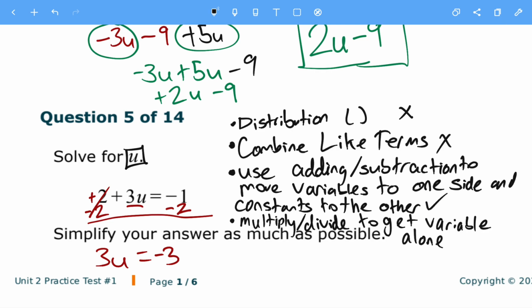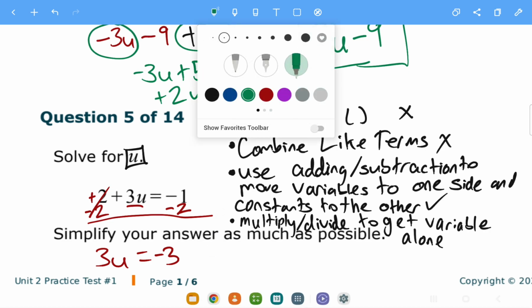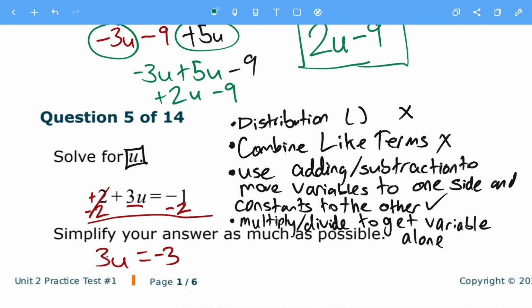So we've added or subtracted to get the terms with the variables on one side. Now we want to get the variable completely alone, so we have to multiply or divide. We want to get rid of that 3 on the 3u. This is 3 times u, and the opposite of multiply is to divide. So we're going to divide the left by 3.